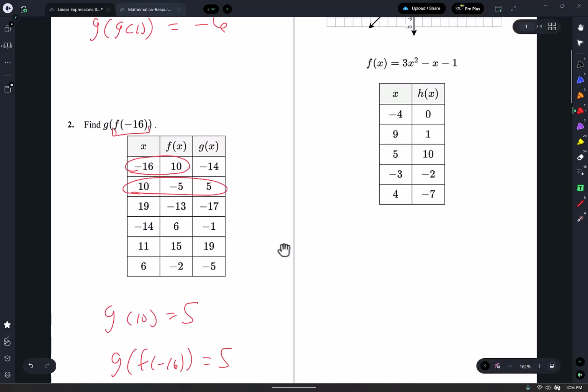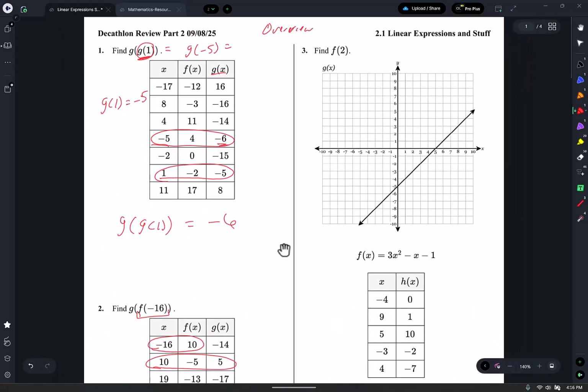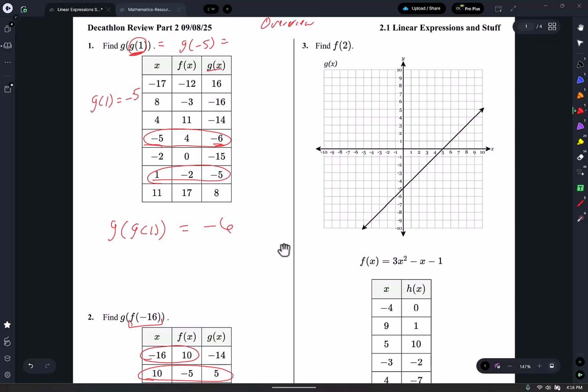Okay. So look at question 3. It says f of 2. So when it says f of 2, you've got to find it. This is g, here's f, and here's h. I'm going to go to x equals 2 on f.